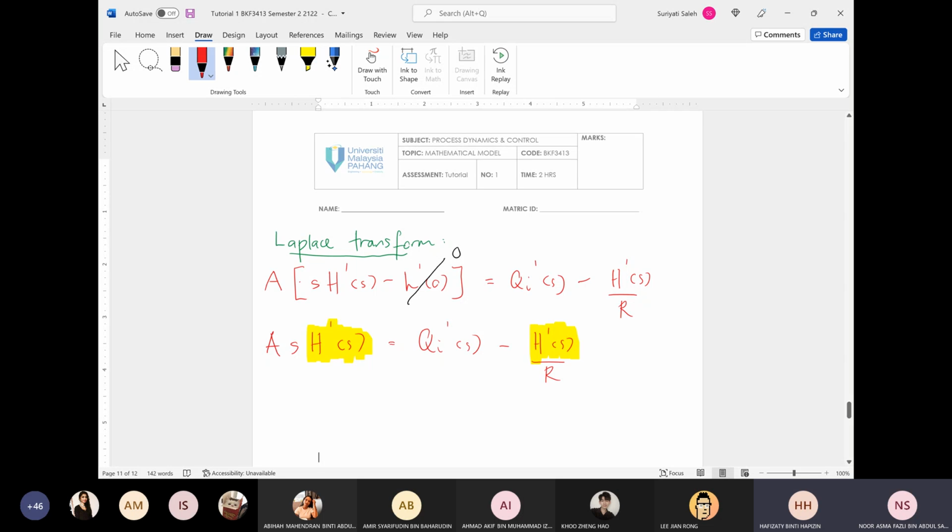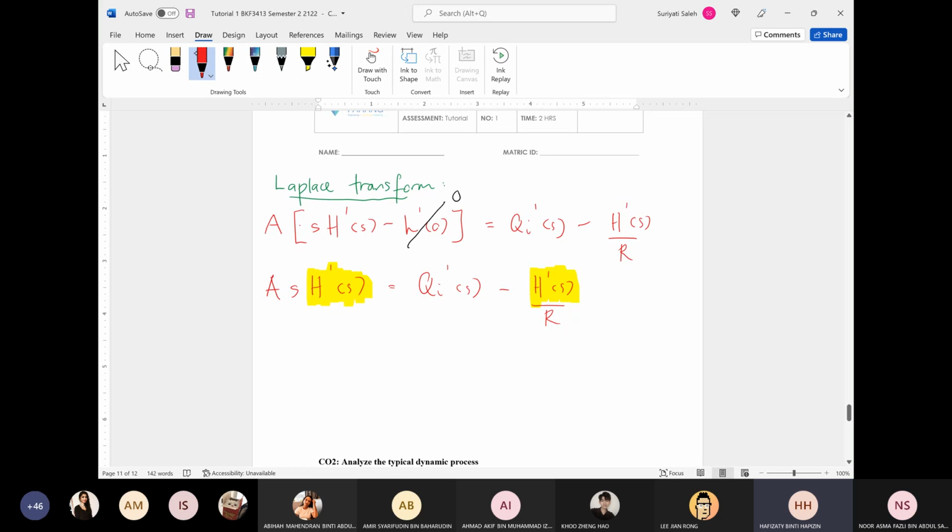Then we can factorize the equation. So you can get A s H prime S plus H prime S over R equal to Qi prime S.